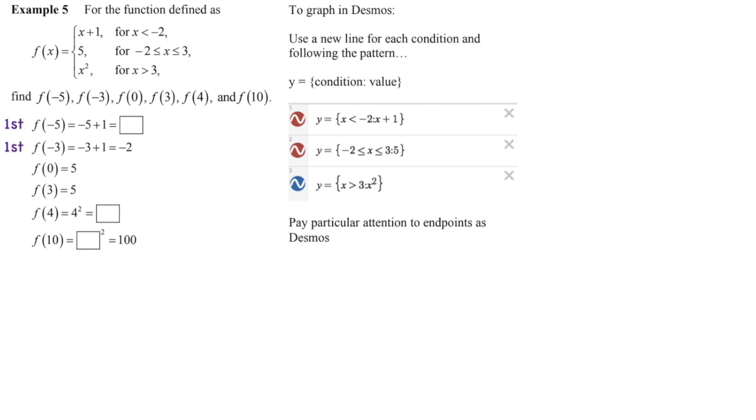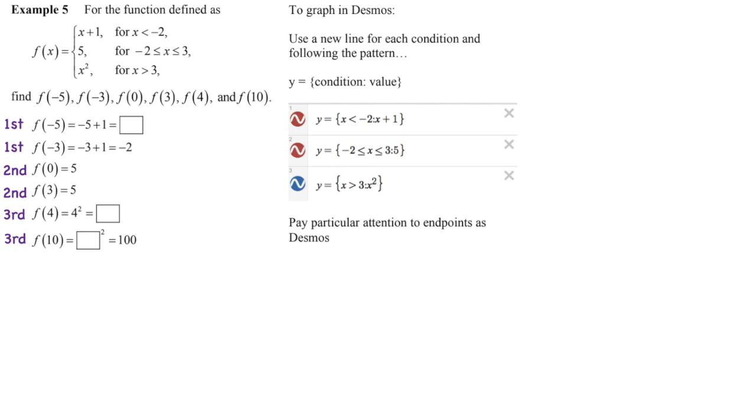However, 0 and 3 lie between -2 and 3 inclusive, so I'm going to use the second equation for them. And finally, 4 and 10 are both greater than 3, so I need to plug 4 and 10 into our third equation to find the function value.